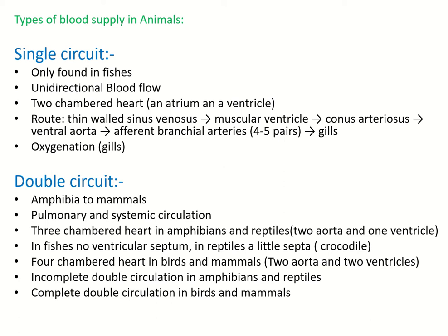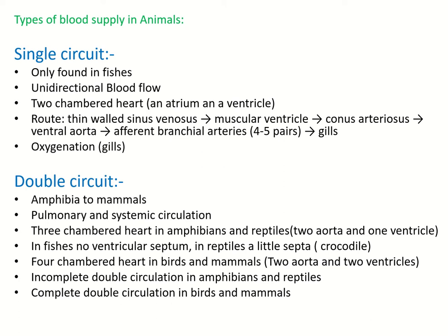Generally, within amphibians and reptiles the ventricle is not divided. Only in the crocodile does it take place. While within the body of birds and mammals, the heart comprises four chambers, two complete auricles and two complete ventricles. It means a complete auriculoventricular septum is found within the body of birds and mammals.